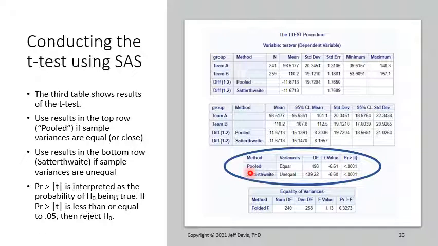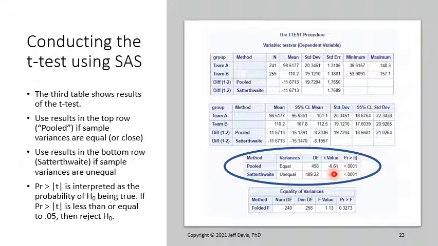The top row is pooled, for equal variances, and then the Satterthwaite method is for unequal variances. In this case, we can treat our two groups as having equal variances, so we'll use the pooled row. We have 498 degrees of freedom.